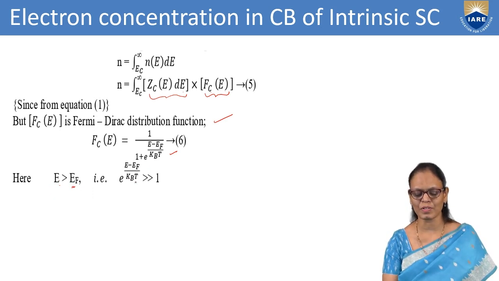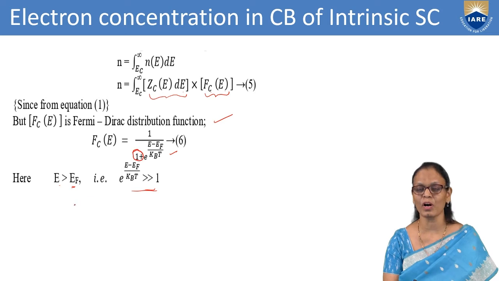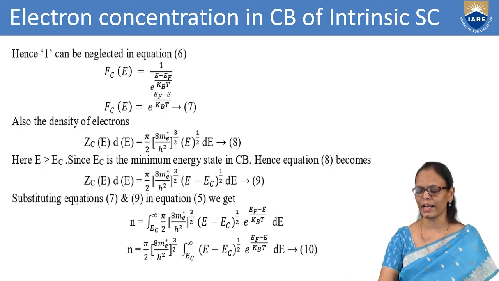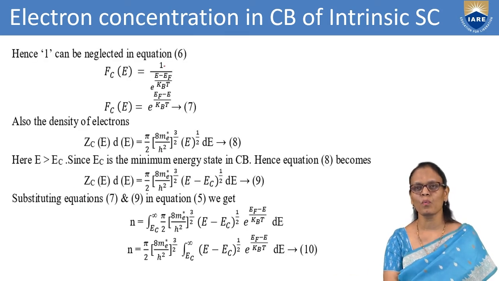So what we see here is E minus Ef will be very high. If E is very high, this exponential term will be much greater than 1, so simply we can neglect the 1. We write it as 1 upon e power (E minus Ef) by kBT, neglecting that 1, considering E to be very large.